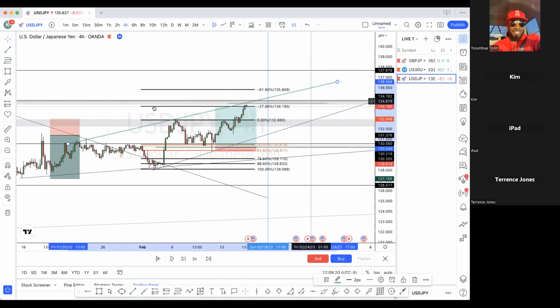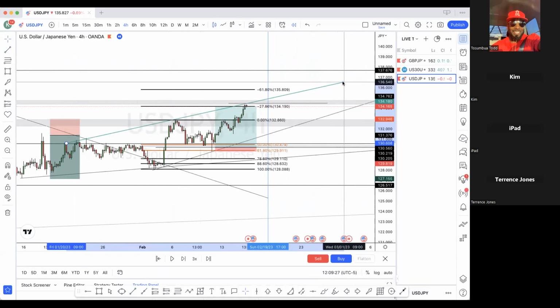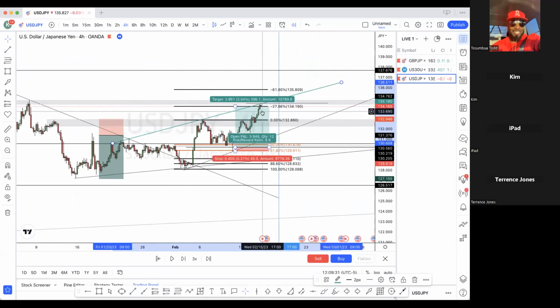Okay. So these highs here, this high here, right here. So now I'm expecting price to tap here and then start pulling back.